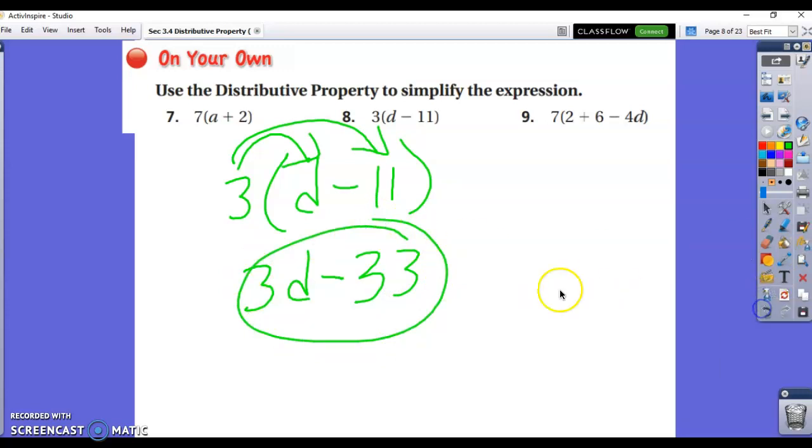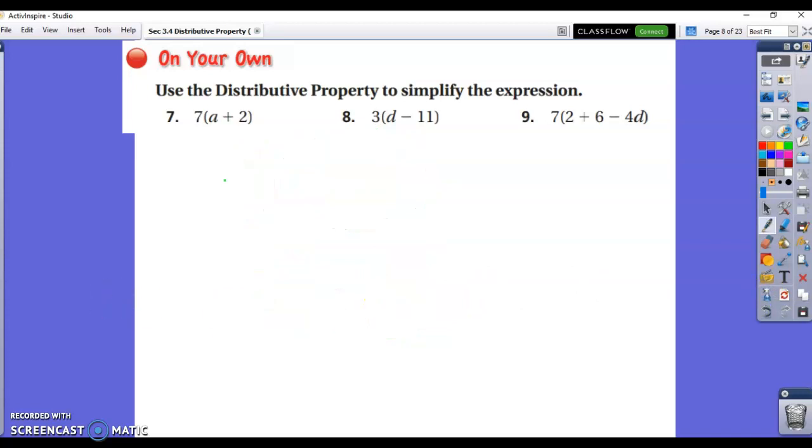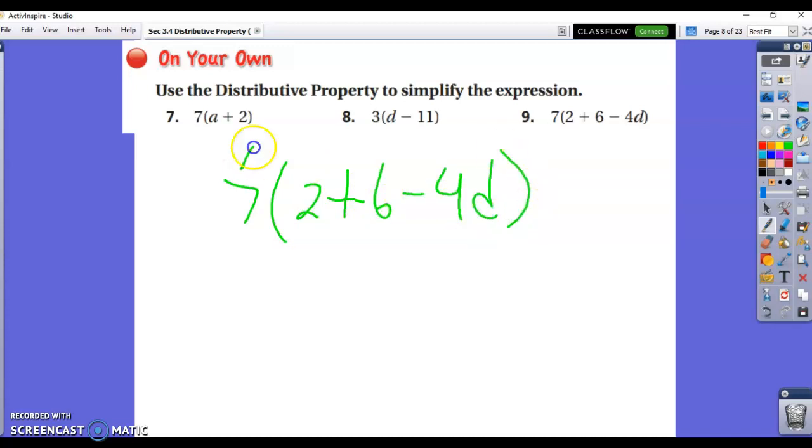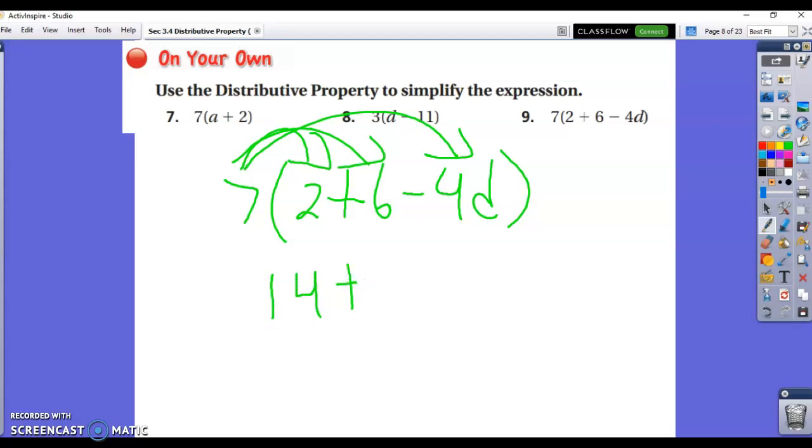For number 9, I'm going to do the same thing. I have 7 times 2 plus 6 minus 4d. I'm going to distribute 7 to 2, and then 7 to positive 6, and then 7 to negative 4d. My first one is 7 times 2, which is 14. Next is 7 times 6, which is 42.